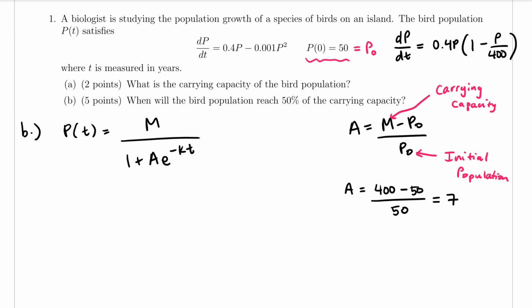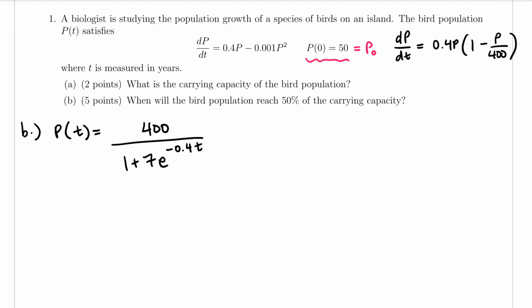And from this, we can see that our k value is 0.4. So I'm going to take all of that information to plug into our population function. So capital M is 400, and capital A we just solved for, that was 7. And then I can replace k with 0.4, and here is our population function.